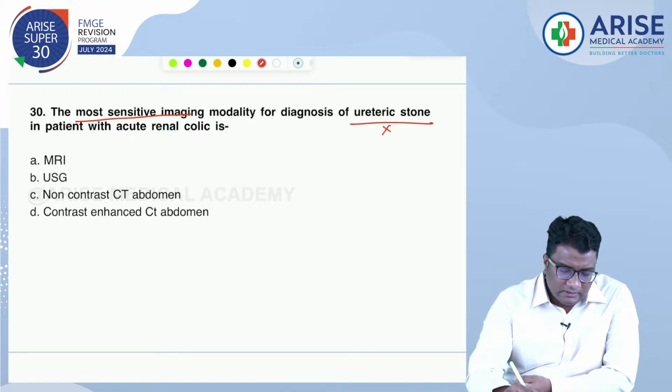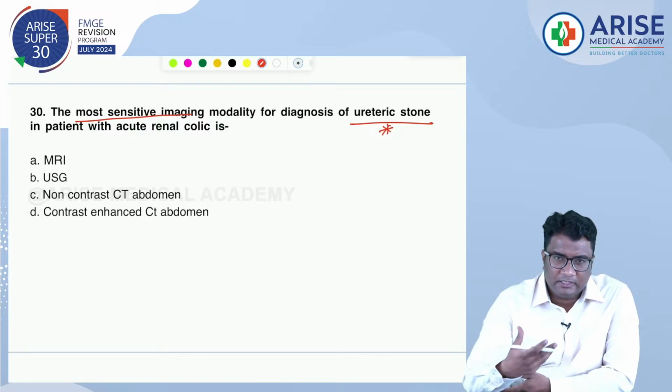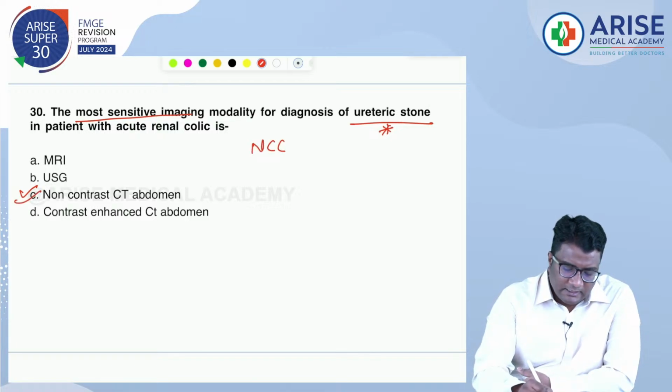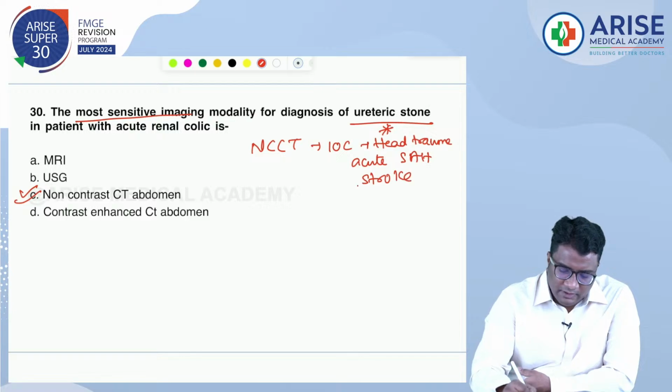So for looking at ureteric stones, you need not give contrast. It will be seen on non-contrast CT, so NCCT. Remember, NCCT is the investigation of choice for head trauma, for acute subarachnoid hemorrhage, for stroke patients to differentiate hemorrhagic stroke from ischemic stroke.